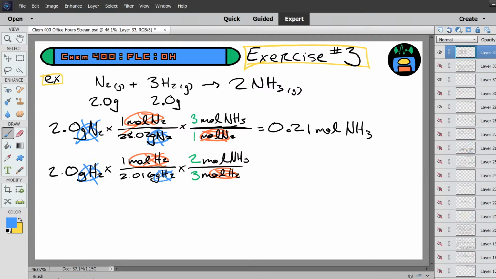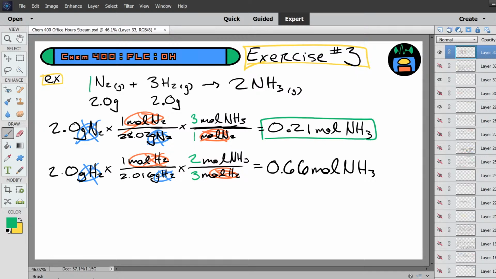So we got 2 divided by 2.106 times 2 divided by 3. This is 0.66 moles of NH3. Because this is smaller, that means nitrogen is the limiting reactant, and because this quantity of moles is larger, that means hydrogen is the excess reactant.